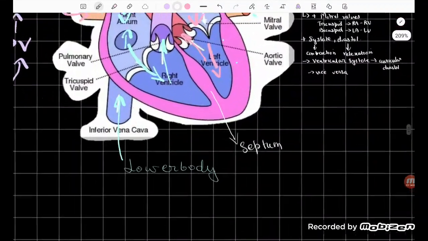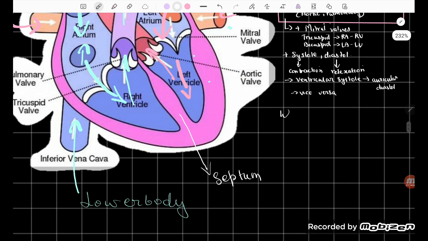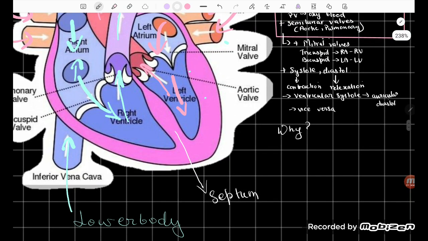Okay, something they might ask is why the walls towards the left are thicker.